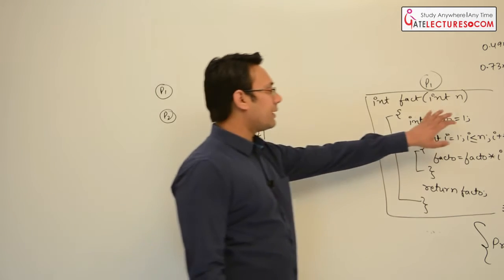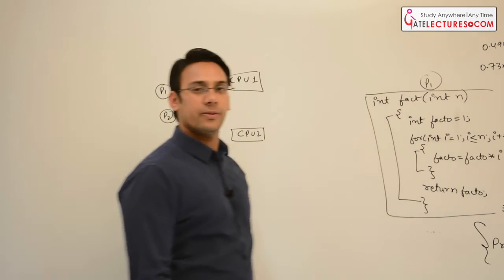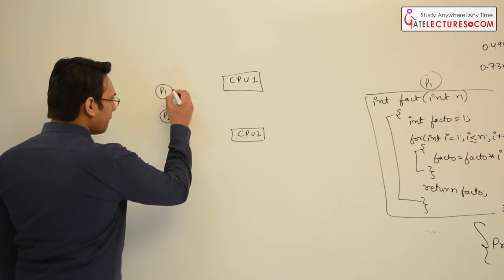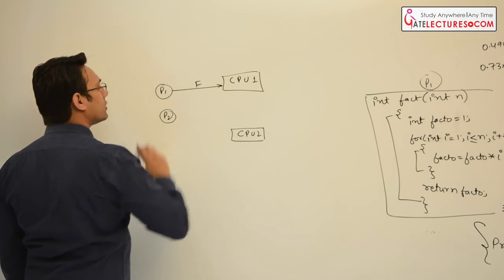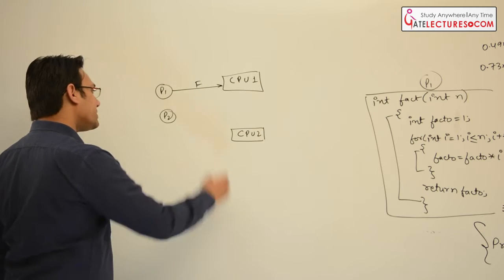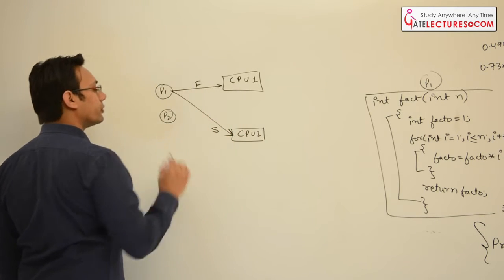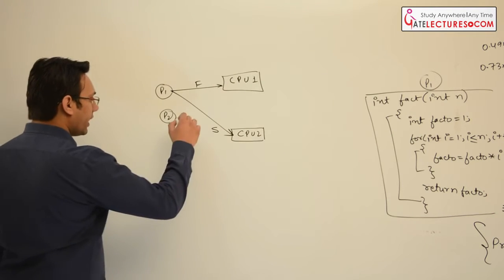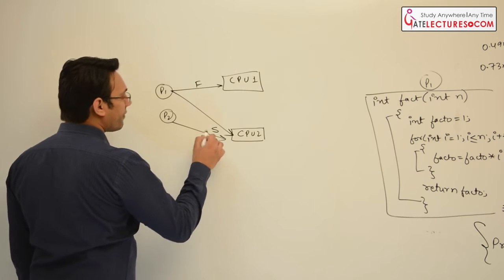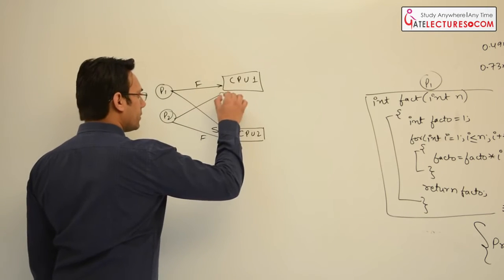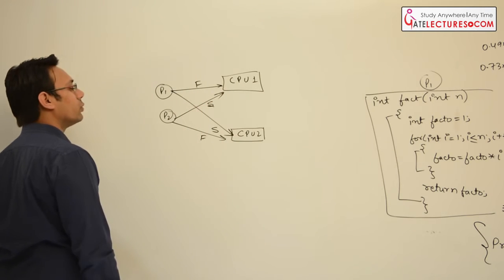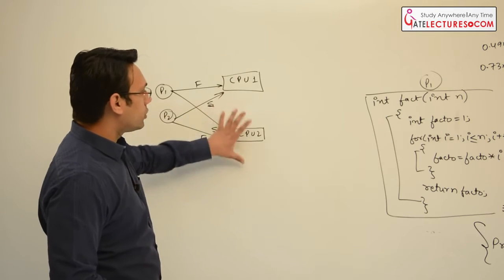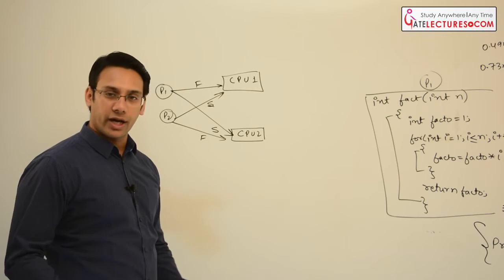Now I am saying program P1 is running faster on CPU 1 and slower on CPU 2 when you compare the actual running time, and program P2 is running faster on CPU 2 and slower on CPU 1. Now why are they behaving like this? Because, as I already told, these two CPUs may have different CPU architectures.